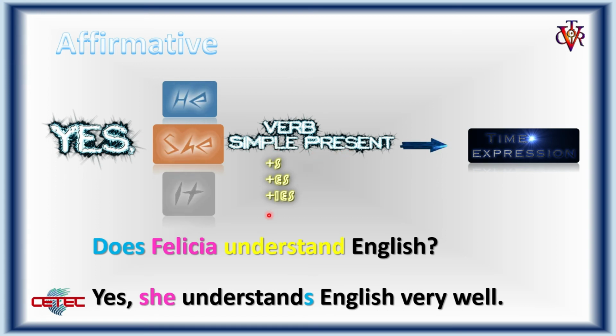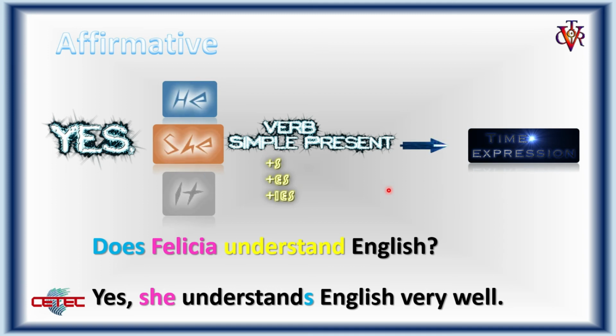And now the verb, when they use the answer yes, is going to be with one of these, depending on the verb. Let's see. Does Felicia understand English? Yes, she understands English very well. Here, don't forget, most of the verbs have to add s.